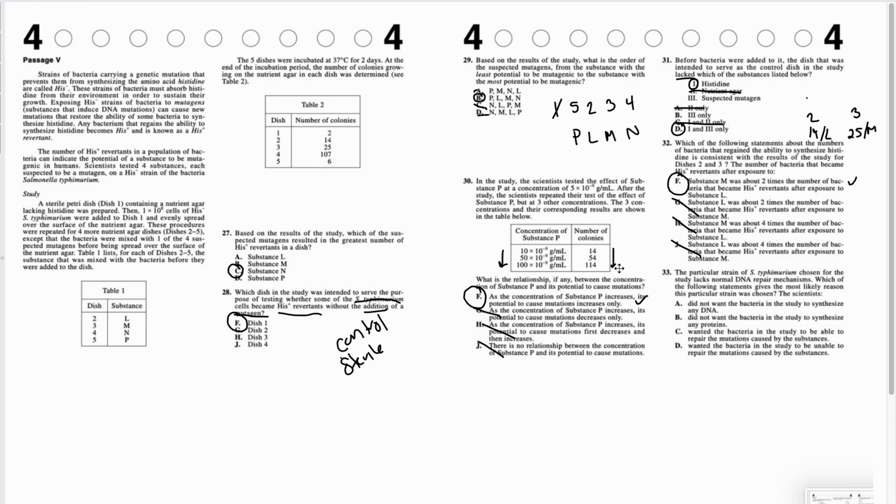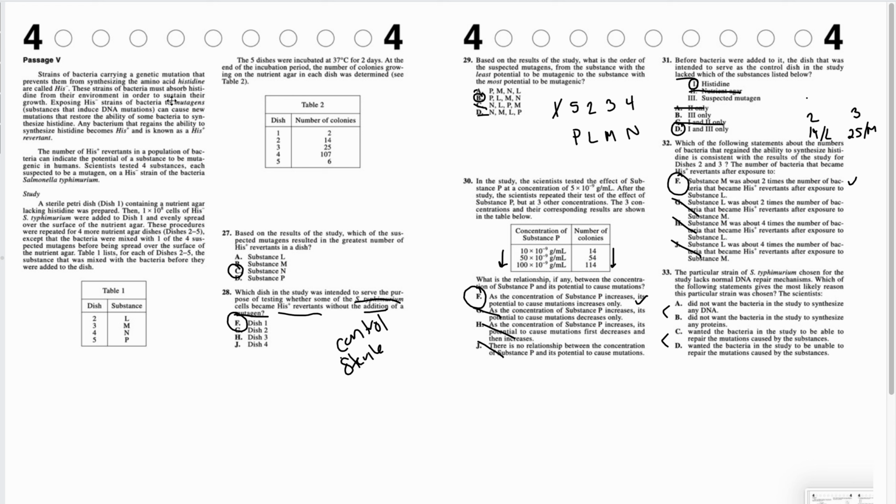Question 33. The particular strain of bacteria chosen for the study lacks normal DNA repair mechanisms. Which of the following statements gives the most likely reason this particular strain was chosen? The scientists did not want the bacteria to synthesize any DNA, did not want the bacteria to synthesize any proteins, so these two go together. Wanted the bacteria to be able to repair mutations, wanted the bacteria to be unable to repair mutations, so those two go together. So we want to look for something about synthesize and potentially mutations. Coming over to the study, we see genetic mutation prevents them from synthesizing the amino acid.